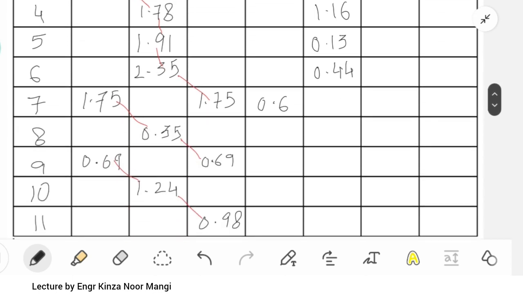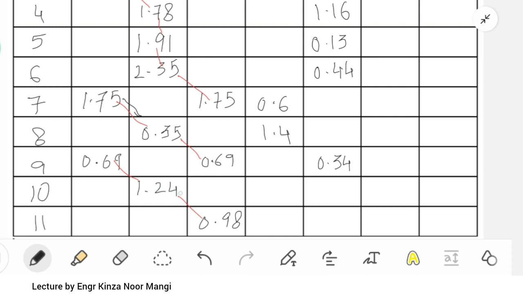Okay, then again we will now subtract from backside to intermediate side, this part. Okay, this one. 1.75 minus 0.35 will give us positive 1.5, that's why we will mention it in the rise column. Then 0.35 minus 0.69 will give us 0.34, then 0.69 minus 1.24.